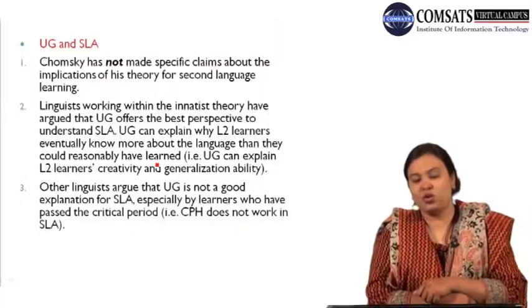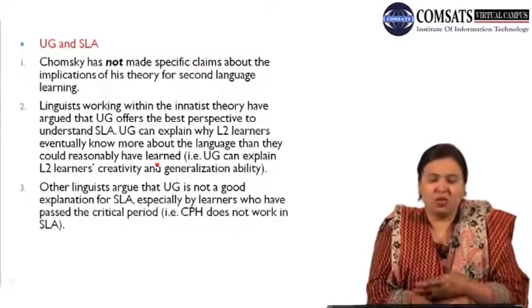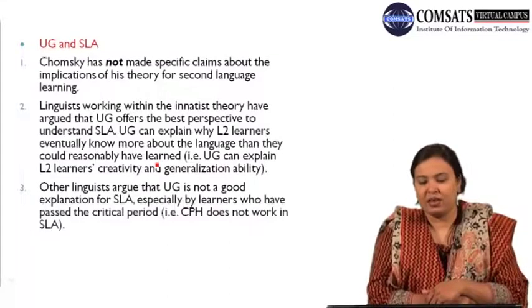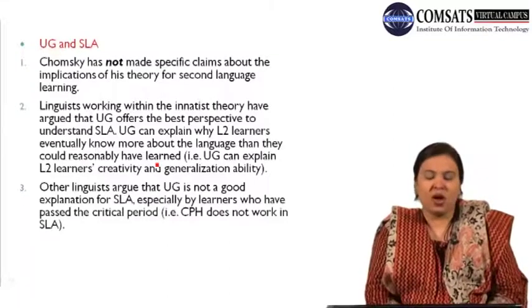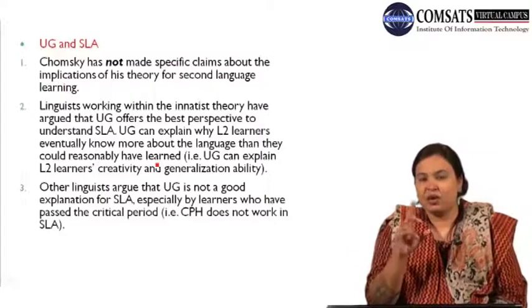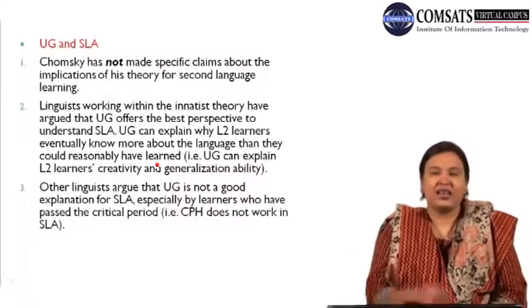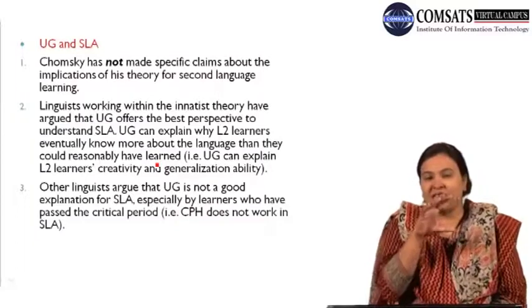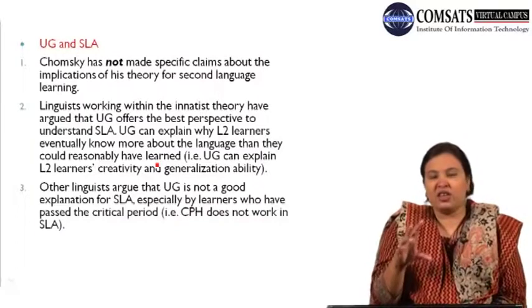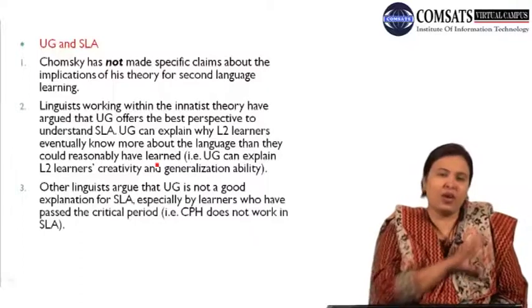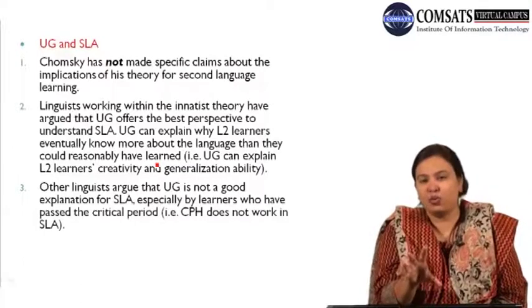Some other linguists argue that universal grammar is not a good explanation for SLA, especially for learners who have passed the critical period. What is that critical period? Actually, linguists have defined that there is a certain age limit at which children can become better learners of any language they are exposed to.